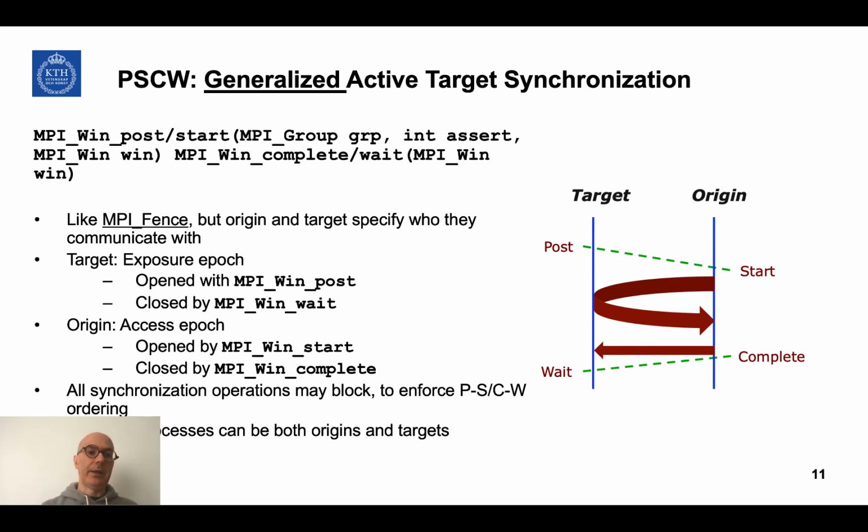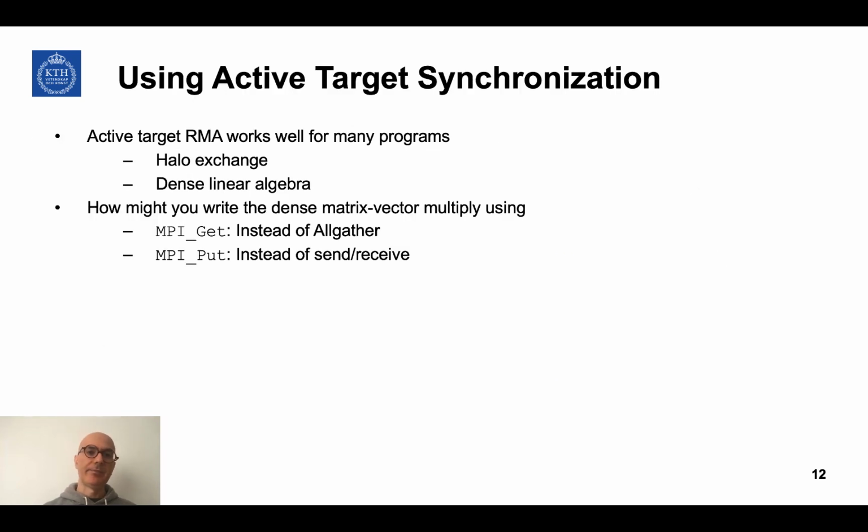The target is dealing with exposure epochs, which open with MPI_Win_post and are closed by MPI_Win_wait. At the origin, we have an access epoch that is opened with MPI_Win_start and is closed by MPI_Win_complete. All synchronization operations may block to enforce post-start ordering, and a process can be both origin and target.